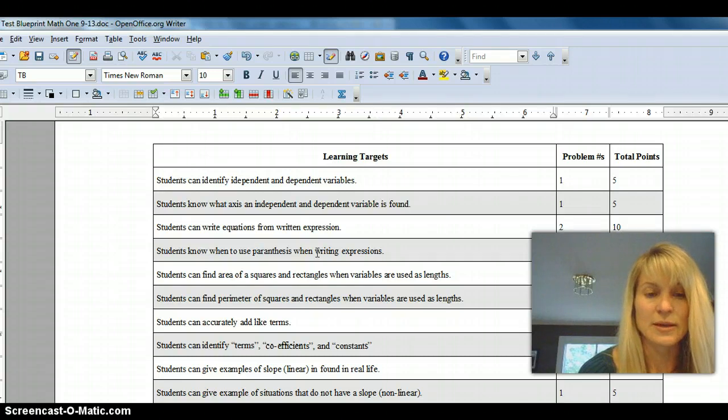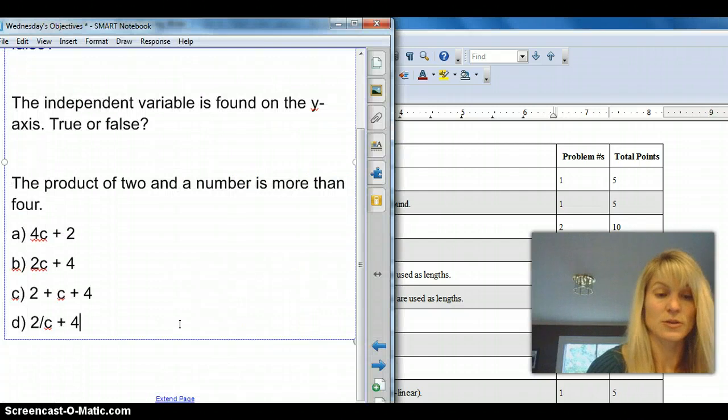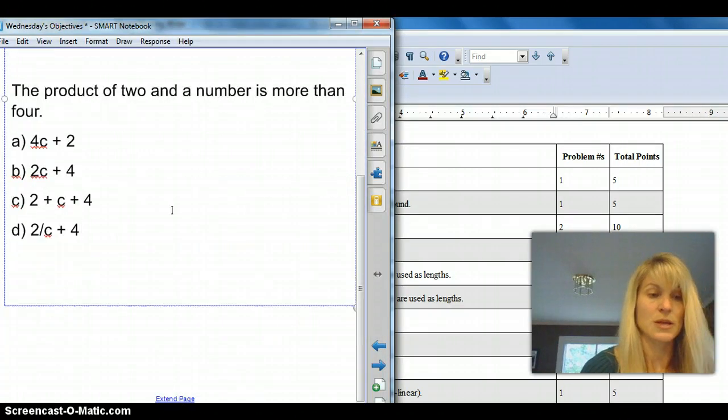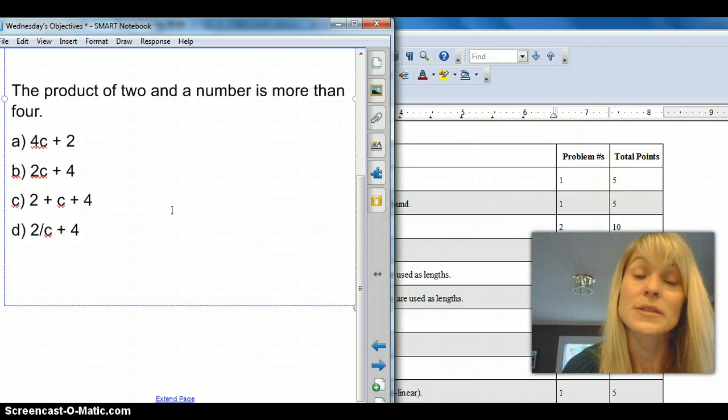The next one, if we look at that one, I might say, I want to know if students can understand parentheses in written expressions. So I might go ahead and do another multiple choice question for this one. So hopefully we know that with parentheses, you need answer words.